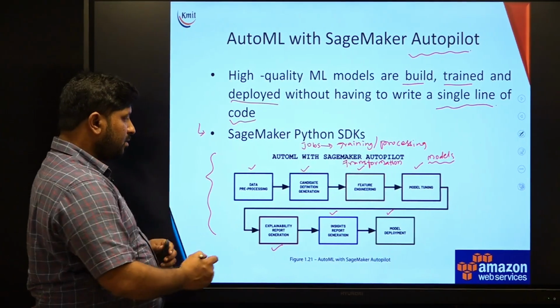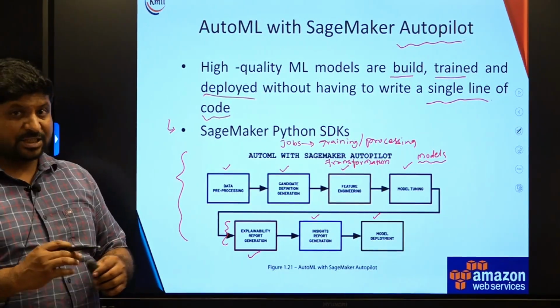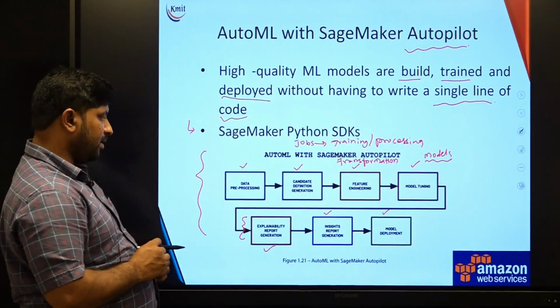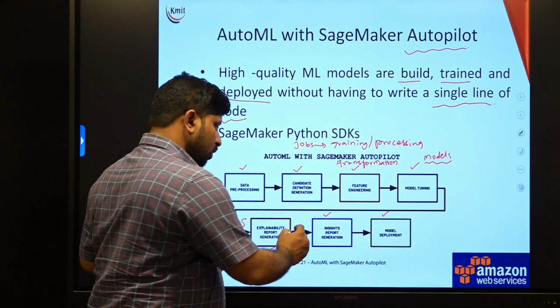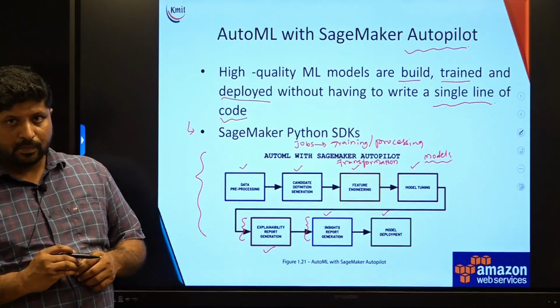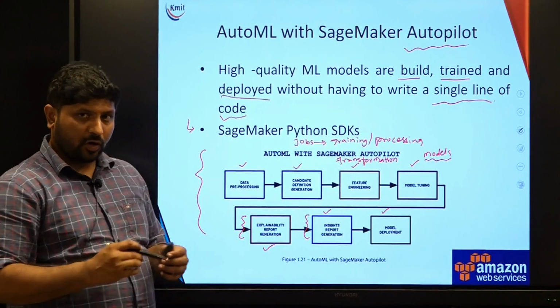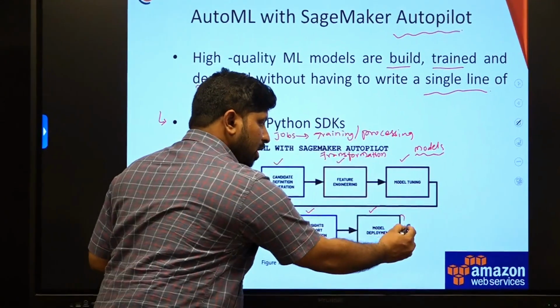Once that has been done, various reports will get generated, explainable reports will be generated. Based on the explainable reports, various insights are drawn by the Autopilot itself automatically. Once the insights have been drawn, then the model gets deployed.